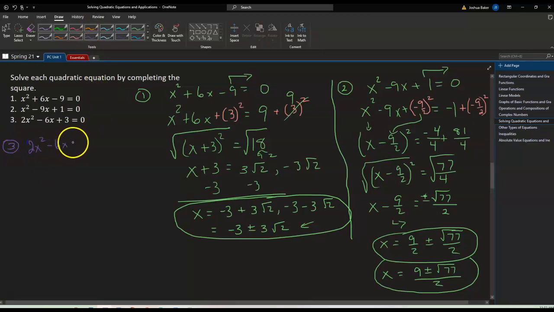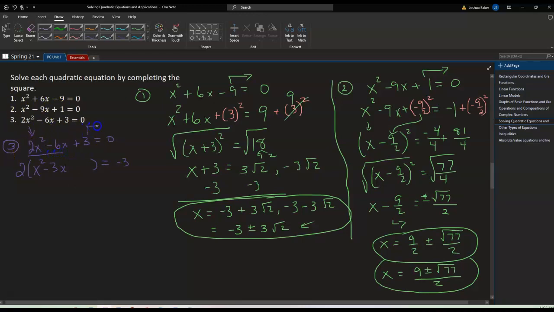Because what we've got here is a scenario where my leading coefficient is not a 1. All right. So in order to make it a 1, I've got to factor out the 2 from these first 2 terms.